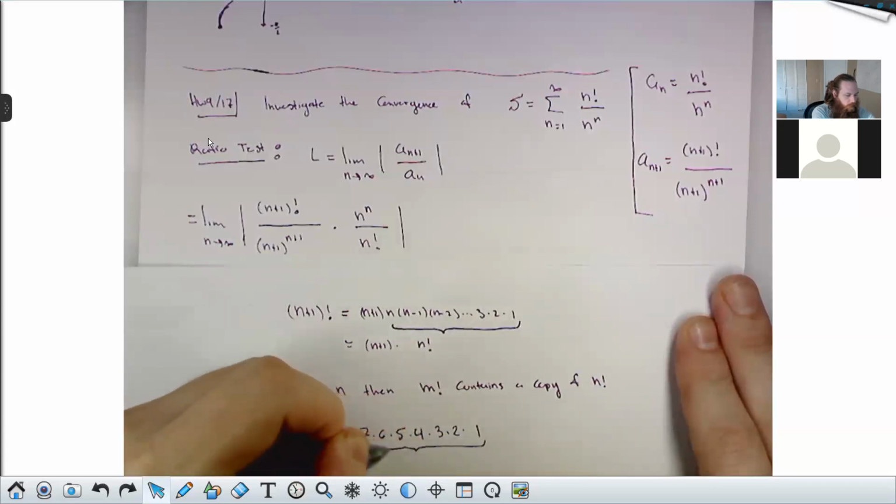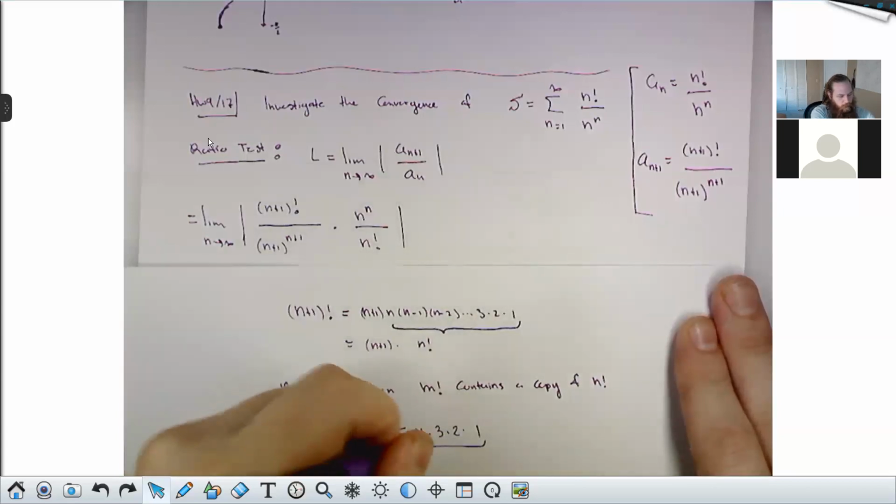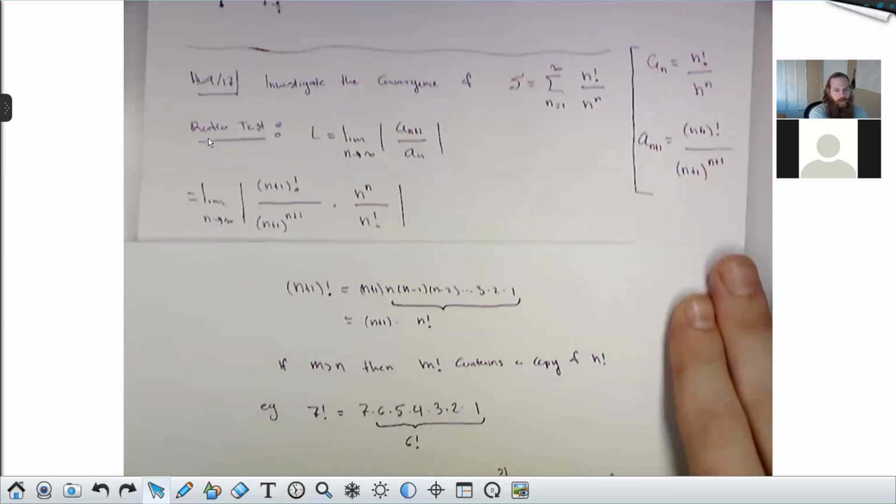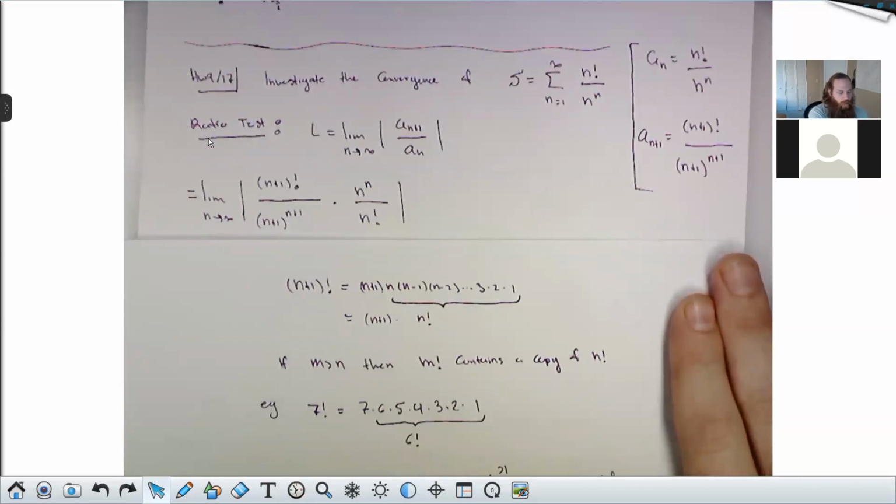All right, so I'll emphasize here the copy of 6 factorial. But we could have said, I'll take these last 5 terms, that's 5 factorial, or just these last 4 terms, that's 4 factorial. So if you have a bigger number, the factorial of the bigger number will contain a copy of the factorial of the smaller number. It's a useful fact.